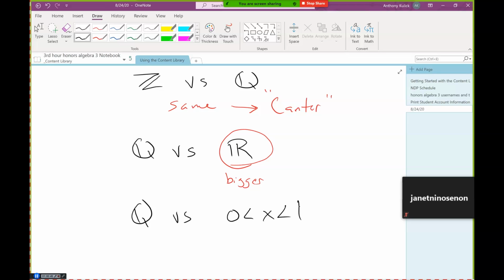If I just want to include the numbers between 0 and 1, still bigger. To give you an idea of how many irrationals there really are, if you just take that tiny piece of the number line, it has more than all of the fractions combined, which is really a surprising result.